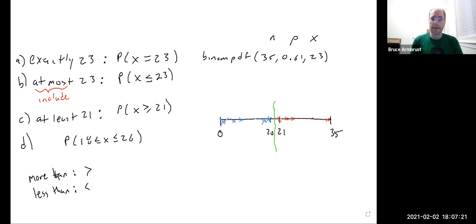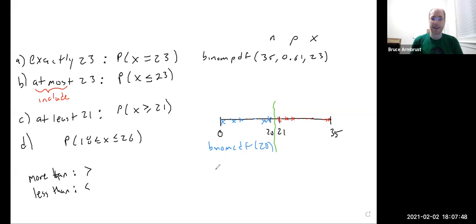This first group would be a binomial CDF of 20. It's going to add up 0 plus 1 plus 2 all the way up to 20. Well, I don't want those. I want the rest of them.